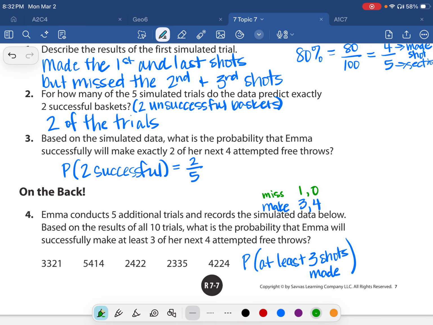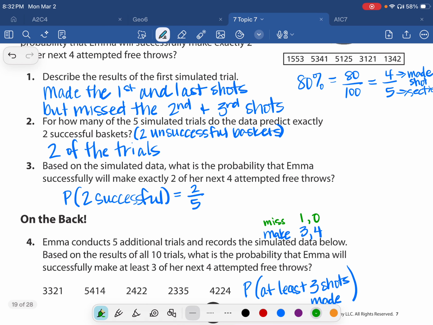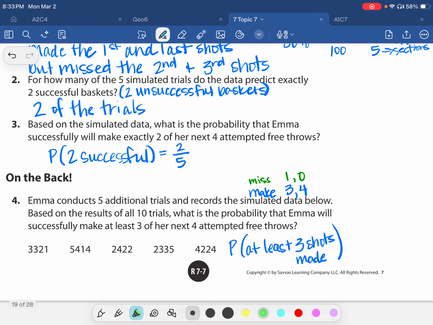So I want to look at how many of these have only 1 five or 0 fives. Going through all of our options, this one has 1 five. Here, nope. This one has no 5s. This one has no 5s. There's 1, none, 1, none.